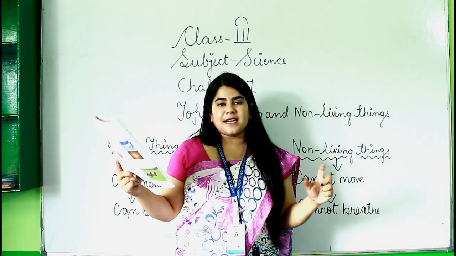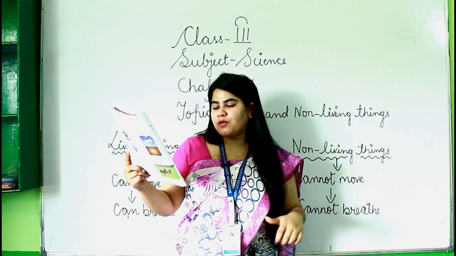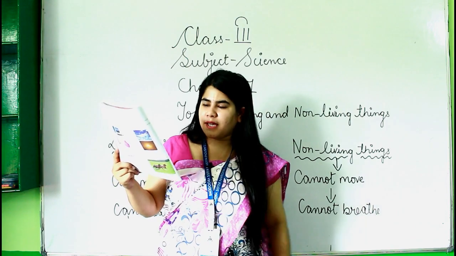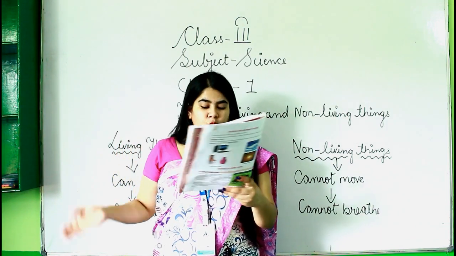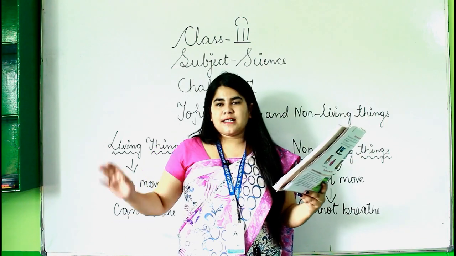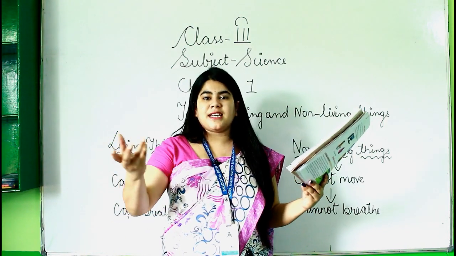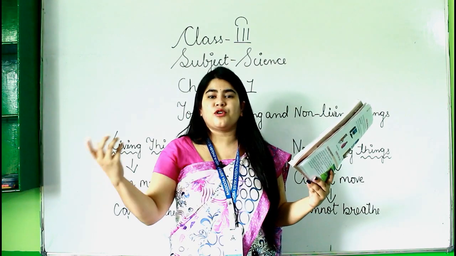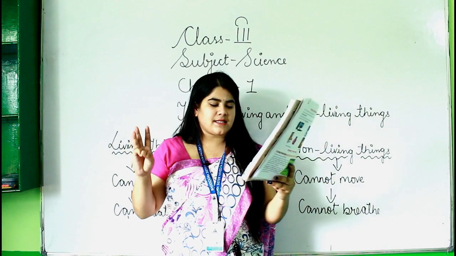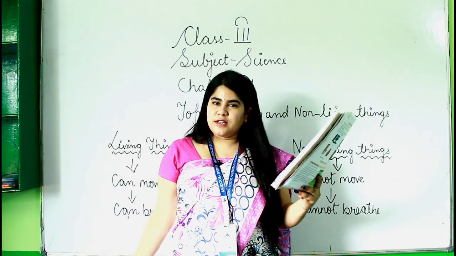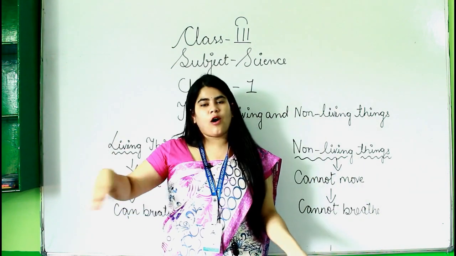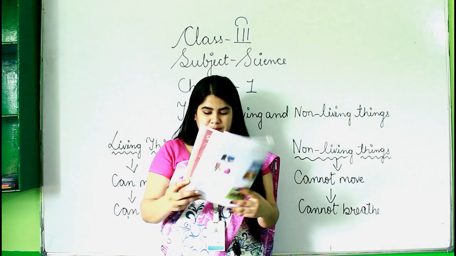But green plants can prepare their own food and this process is known as photosynthesis, okay? They need water, air and sunlight to prepare their food. Just like our mother needs ingredients to cook food, right? Similarly, they need water, air and sunlight to prepare food, okay? Animals get their food from plants or other animals.